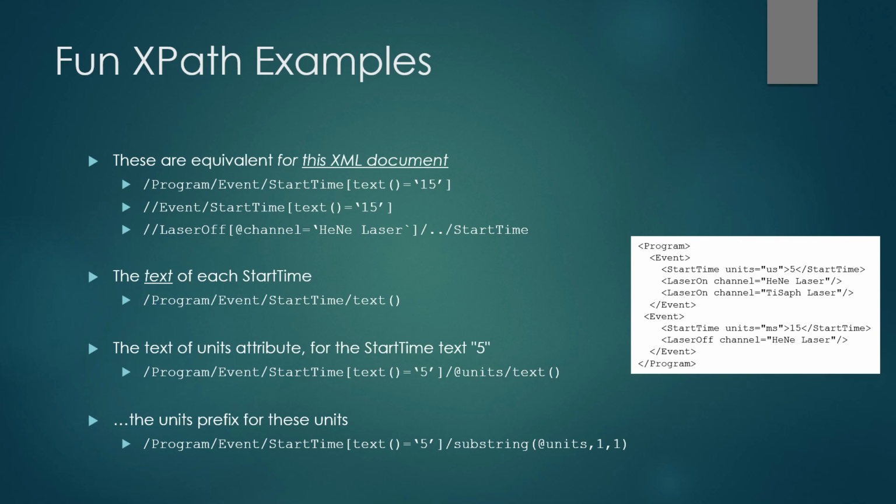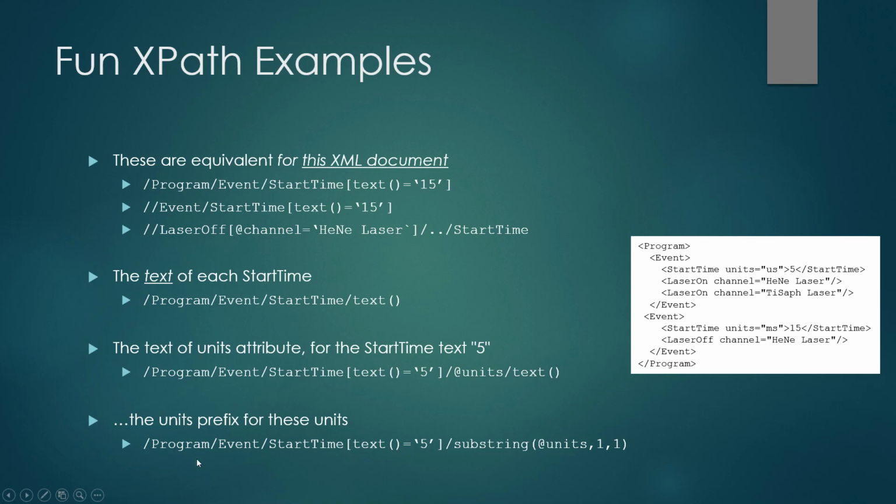Here's a fun one. This shows how we can do string manipulation inside there. How about the units prefix, right? You think of the standard unit prefixes, milli, micro, and so on like that. So I just want that. I don't want the second. I want the unit prefix, right?